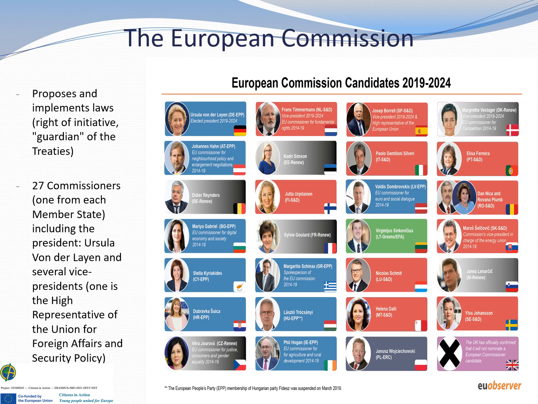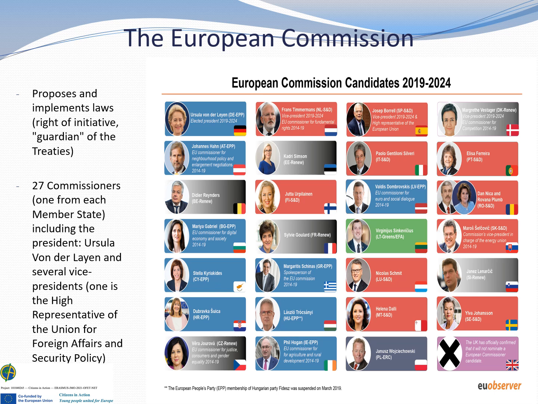The fourth institution is the European Commission. The European Commission proposes and implements laws, which means that the European Commission has the right of initiative, legislative initiative, and also it is the guardian of the treaties. We have 27 commissioners, one from each member state, including the president.